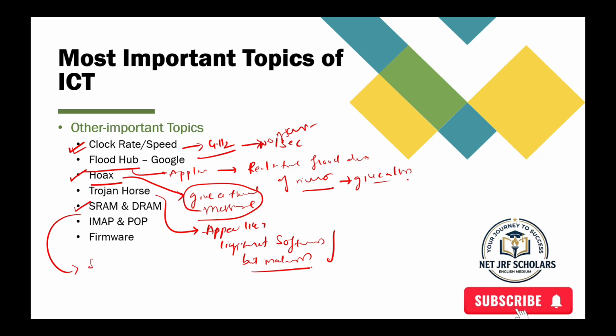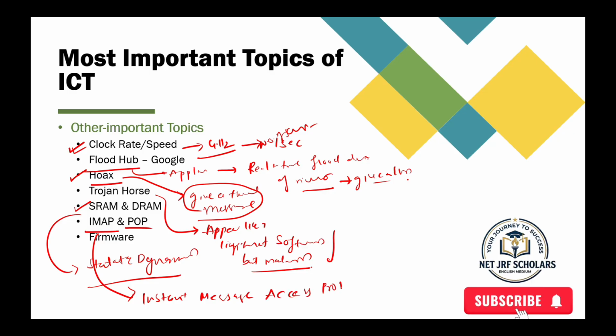And then we have two types of RAMs, that is static and dynamic RAM. And then we have IMAP and POP. IMAP is Internet Message Access Protocol, and POP means Post Office Protocol.